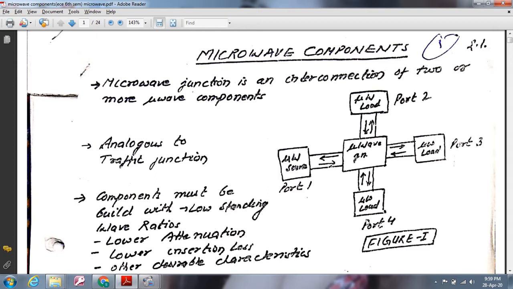In a similar manner, when input from microwave source is applied at port number 1, a part of it comes out of port number 2, another part out of port number 3 and some part from port number 4, and the remaining part may come out of port number 1 itself due to mismatch between port number 1 and microwave junction.